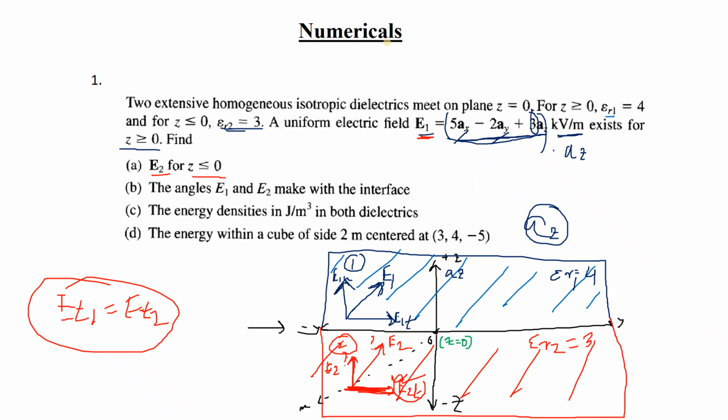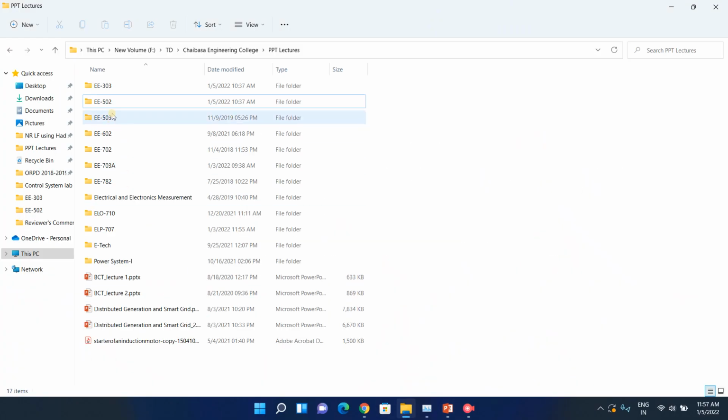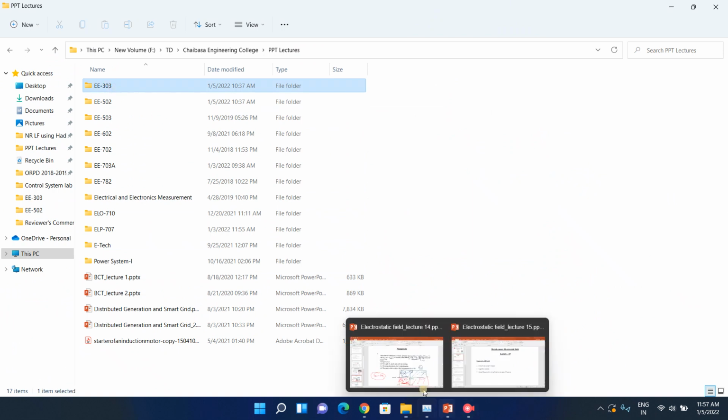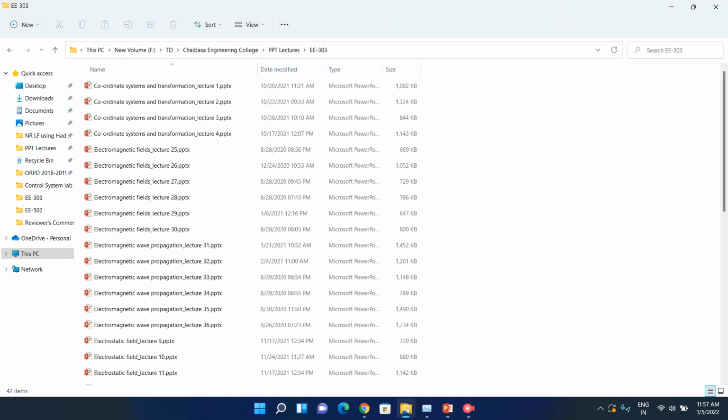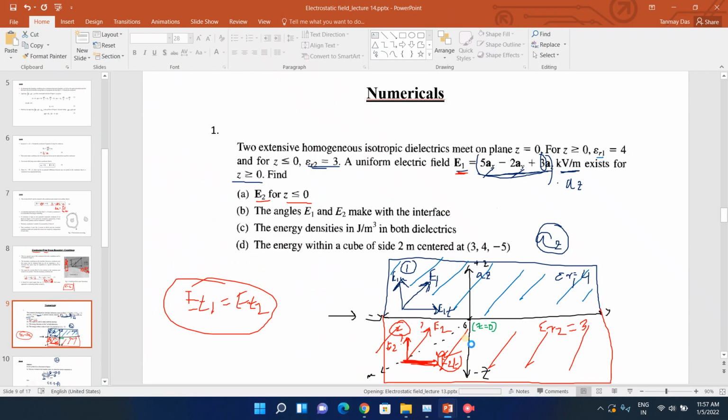Now the next part of the question is the angles E1 and E2 make with the interface. This interface concept we have already discussed in the previous lectures. If you can remember, I am just showing you once again.